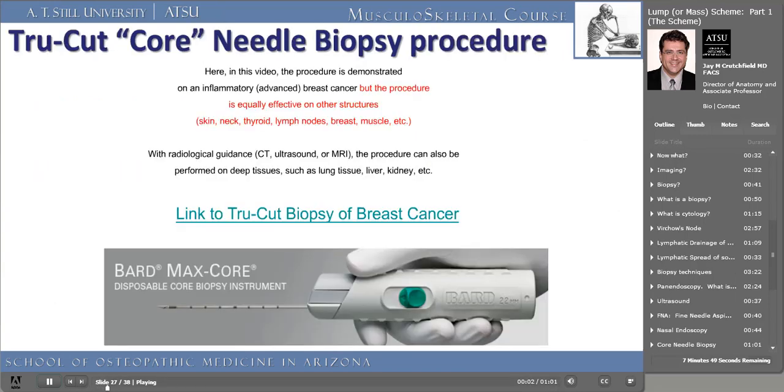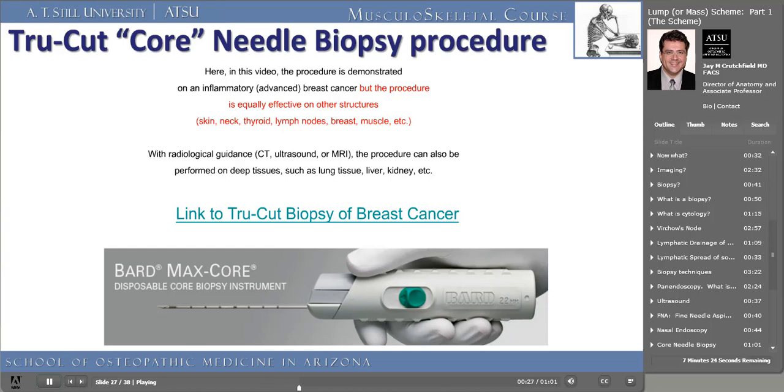In addition to performing an FNA, the physician can also obtain a core needle biopsy or a tru-cut biopsy. Under ultrasound or CT guidance, a larger biopsy needle can be used to take a tissue sample from a suspecting or suspicious mass or lump, be it in the musculoskeletal system, the integumentary system, or an organ system.